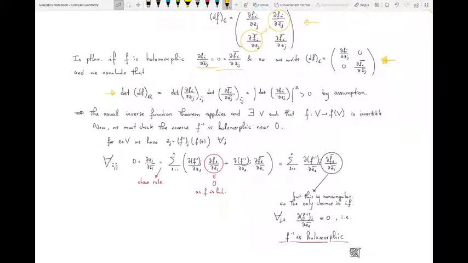Usual inverse function theorem, and that guarantees the existence of the open set V on which f is invertible. And so this is the restriction of f to V that is invertible. And now we must check that the inverse is indeed holomorphic near 0.